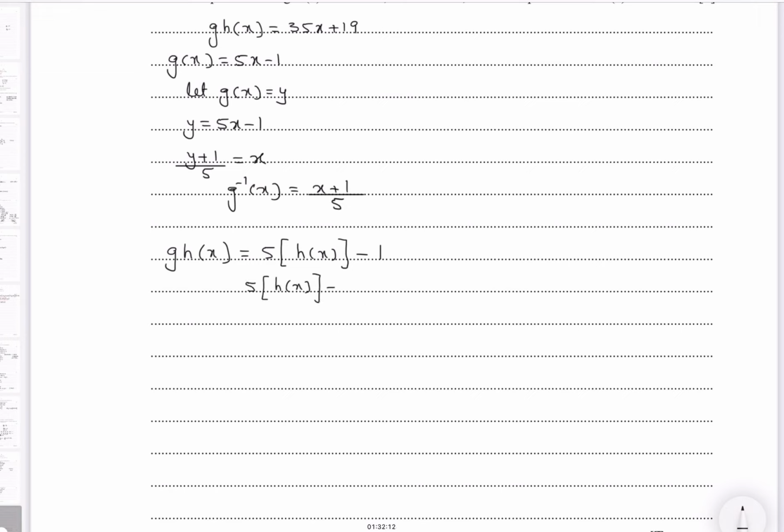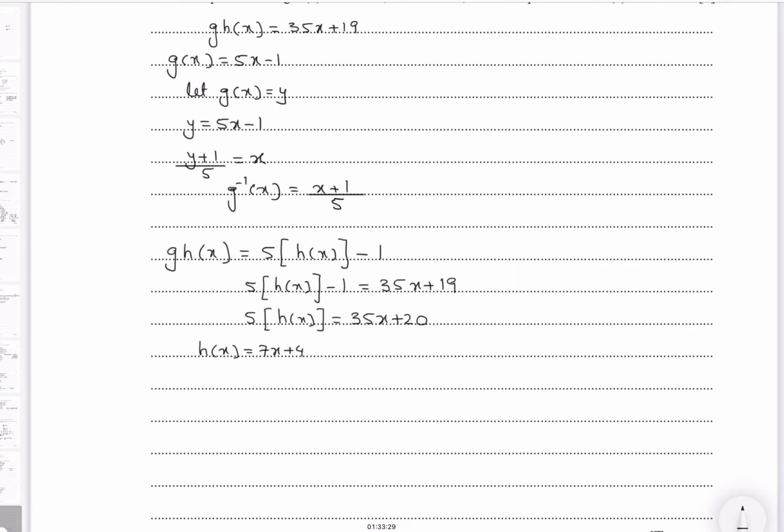So 5 h of x minus 1 is equal to 35x plus 19, because g of h of x has been given as 35x plus 19, so we equate it. Now from here we simplify it. So our h of x would be 7x plus 4.